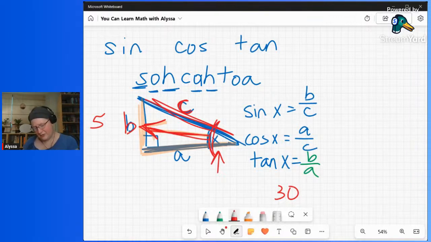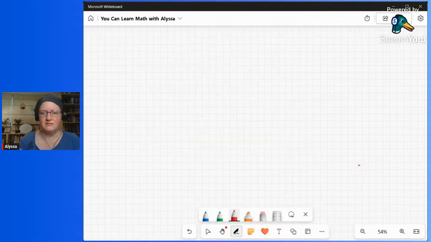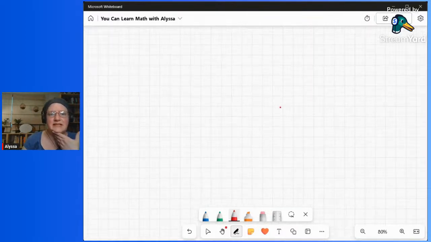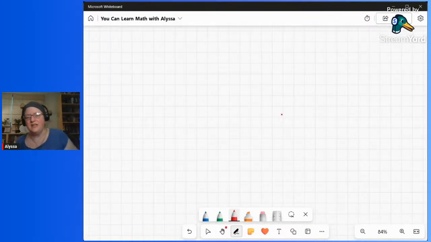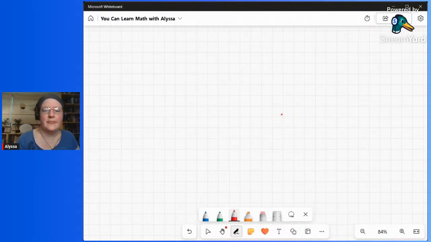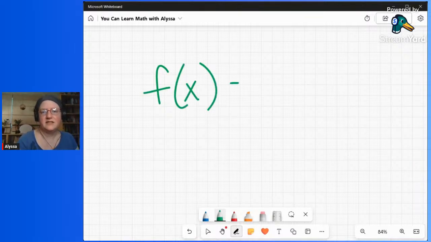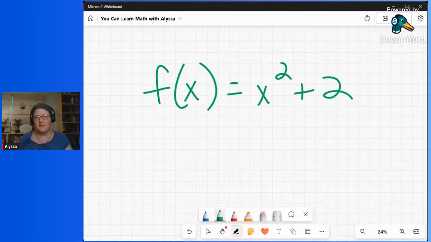Let's see, I'm looking over my list. Oh, only one thing I can think of that doesn't get covered often, but is a nice, easy one to have in the back of your head: inverse of a function. So if I have something like f of x equals x squared plus 2, and they ask, what is the inverse of this function?